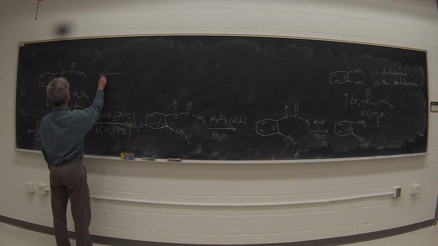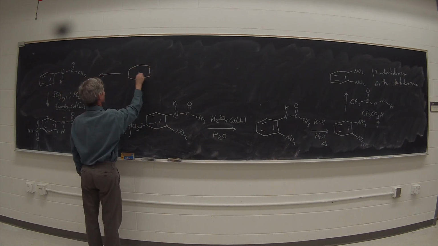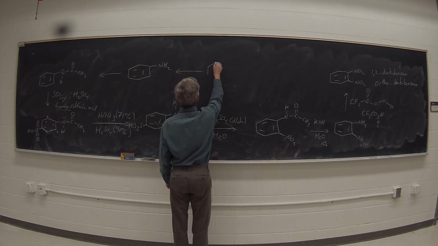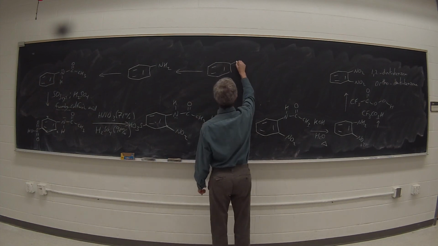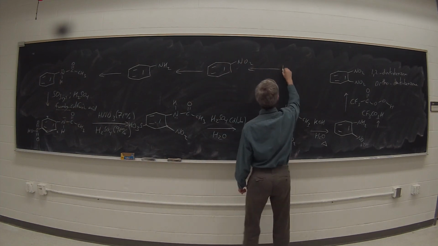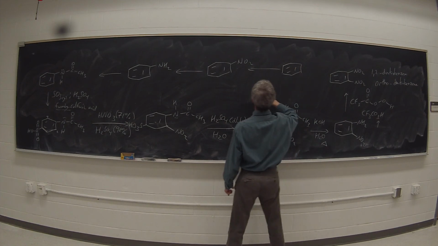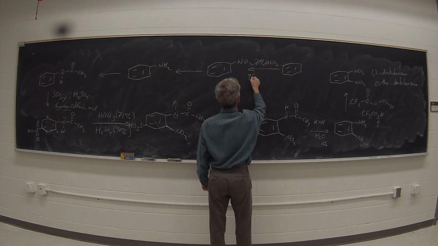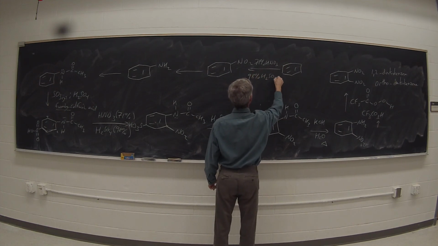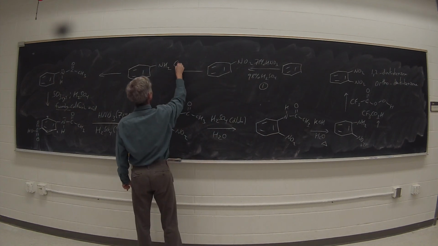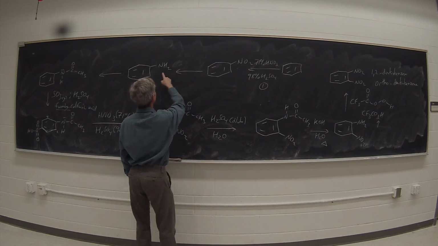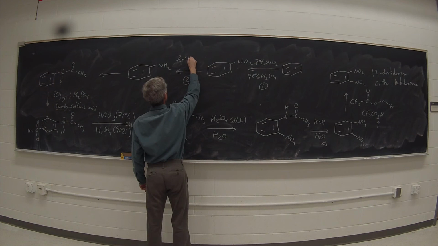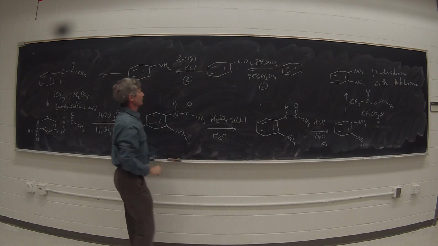So if I wanted to have the entire synthesis on board all at once, it would look like this. Starting with benzene, reacting with 71% nitric and 98% sulfuric to do the nitration in step 1, taking the nitro group up to the NH2 group in step 2 with zinc amalgam and HCl, that's the Clemmensen reduction.